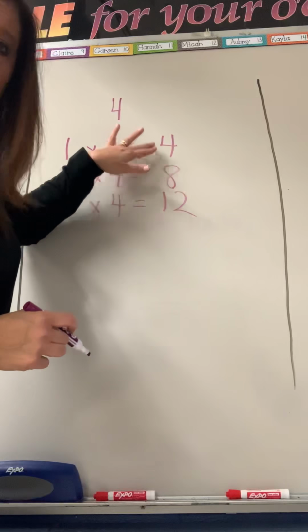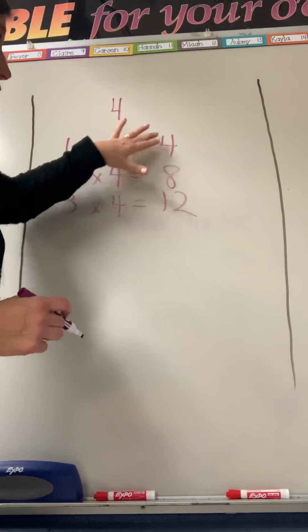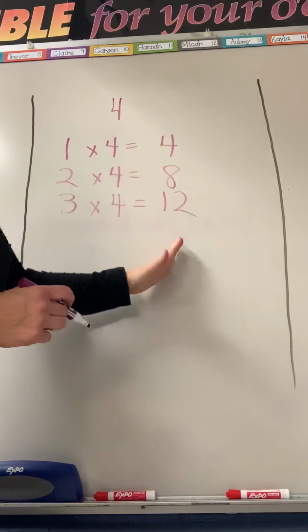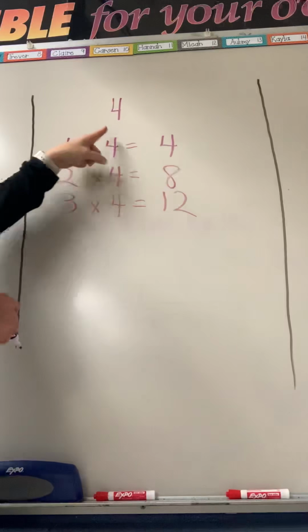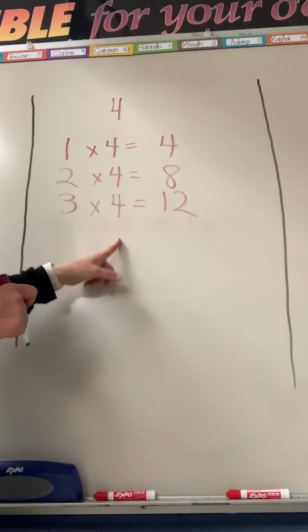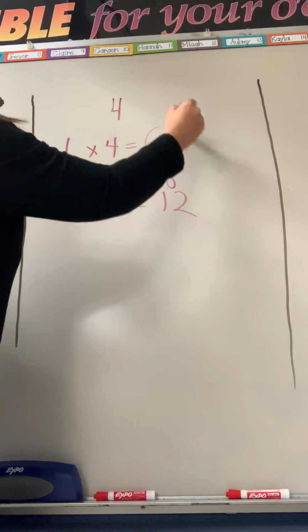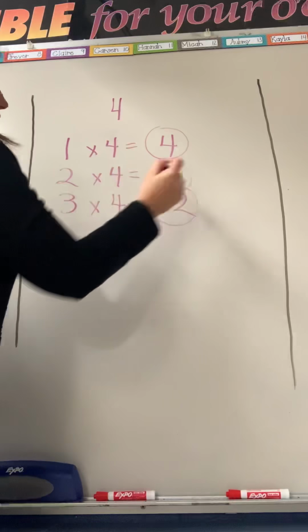And you can see how there's a pattern here where we're just adding 4 to whatever the next number is. Over here, you can see that we're just going in order, 1, 2, 3, and here we're always using 4. So what we're doing is finding the multiples of 4.